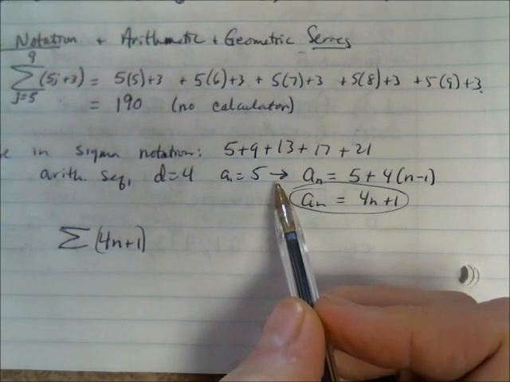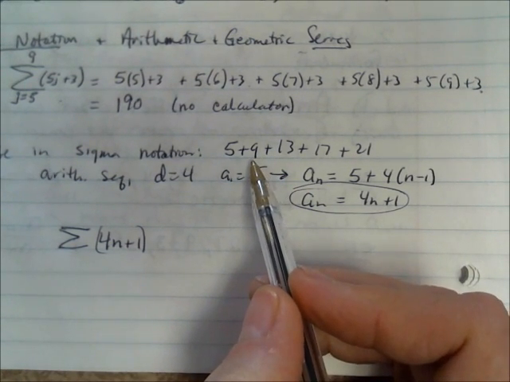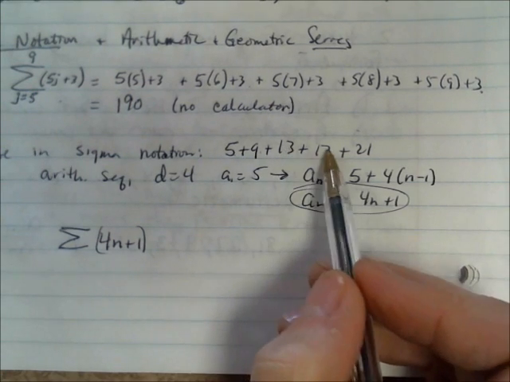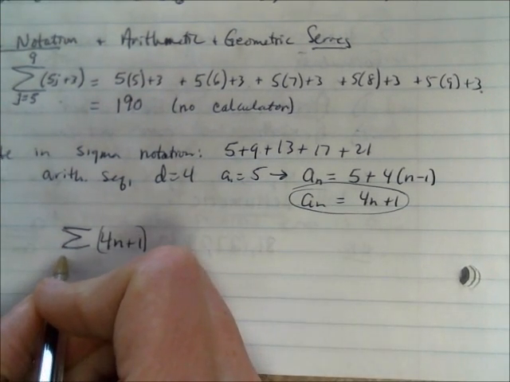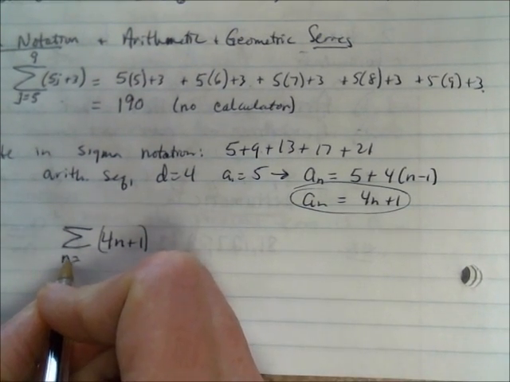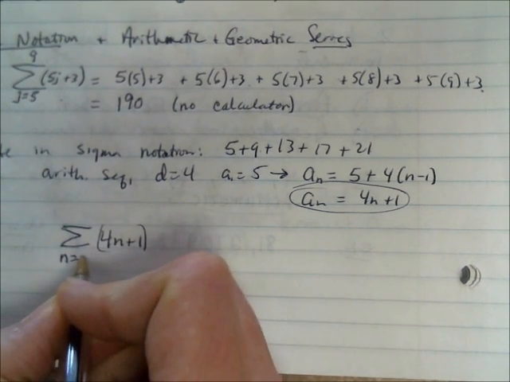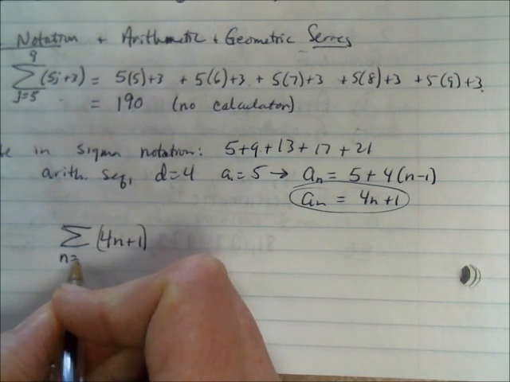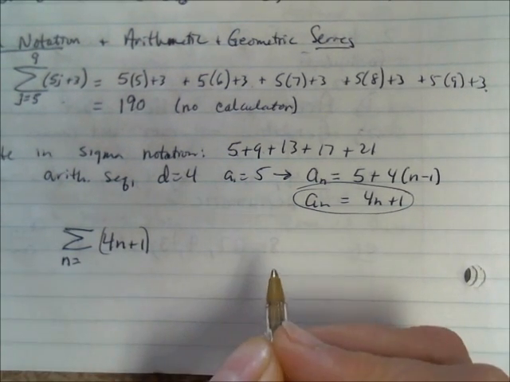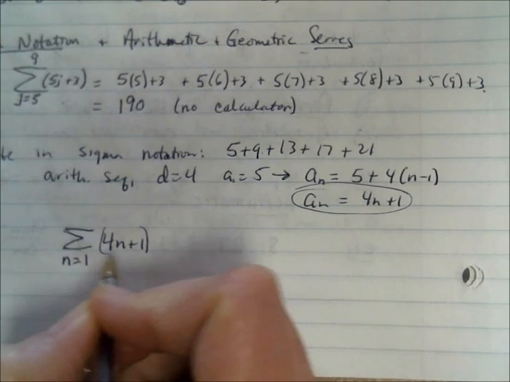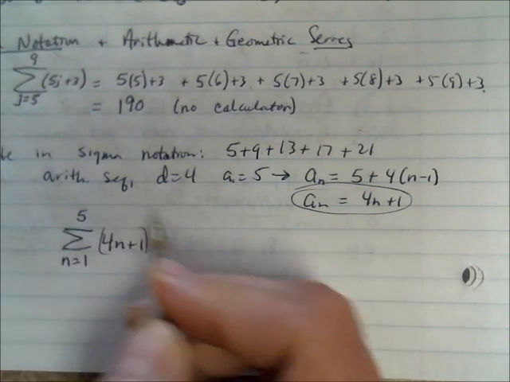And then the next thing we're going to do is count up how many terms we have. 1, 2, 3, 4, 5. We have 5 terms. So we're going to let the n value, make sure this variable matches whatever the variable is here. You could have used an I or a J or any other variable you want, but we'll use n because that's what we used here. So starting with the first term, ending with the 5th term.